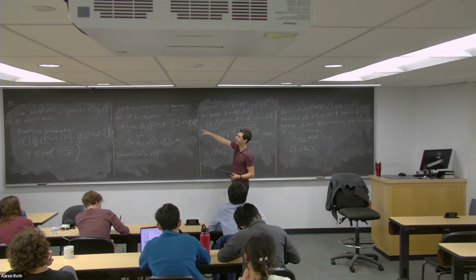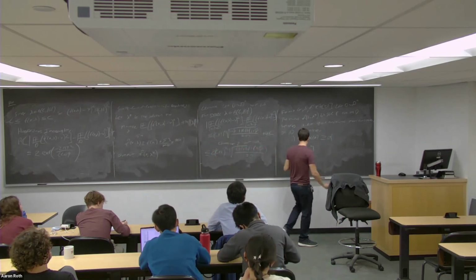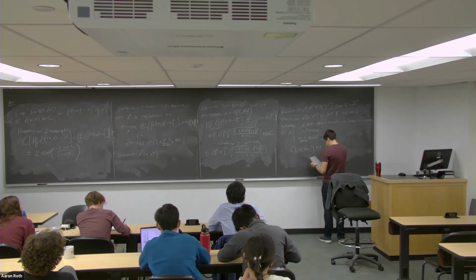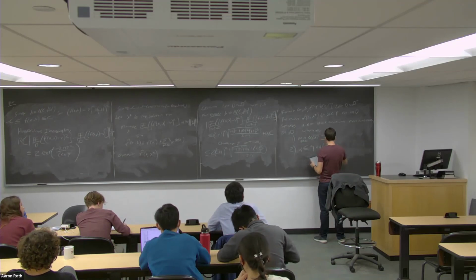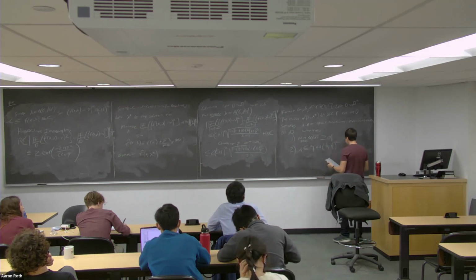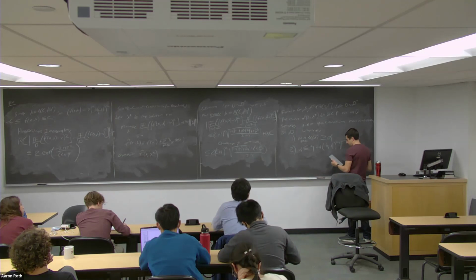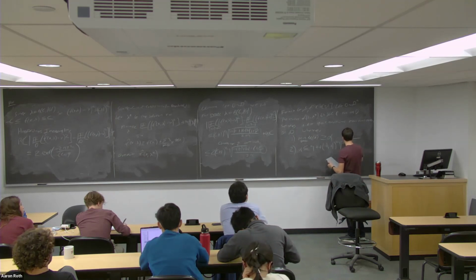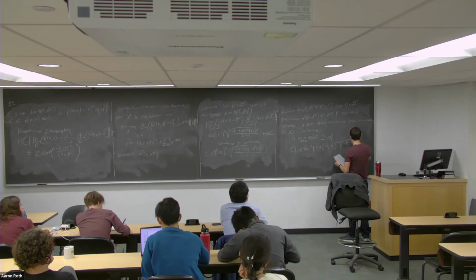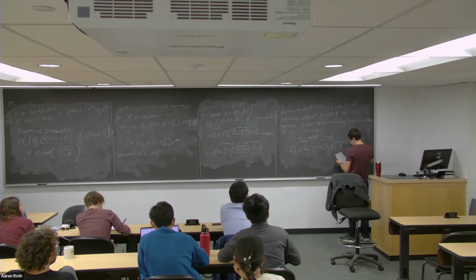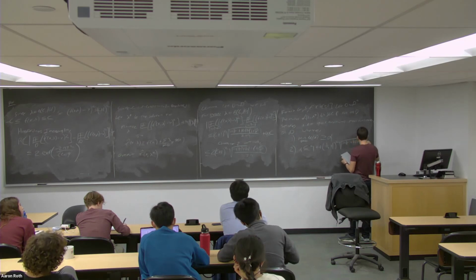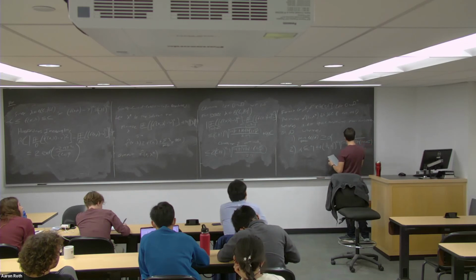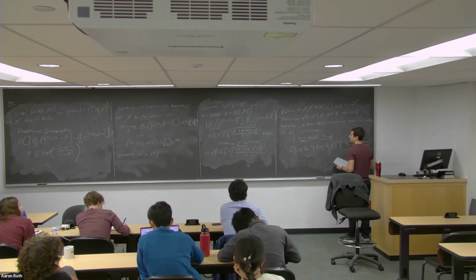eta, our regularization parameter, plus 4 times 1 over eta plus 1 squared times square root of log 2 over delta plus the number of groups times log 1 plus 2 root n over n.